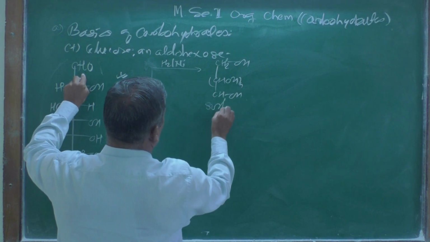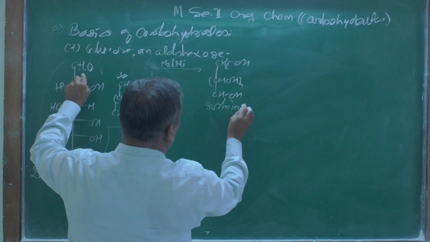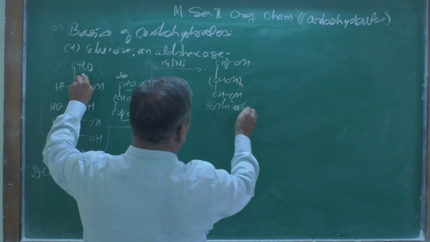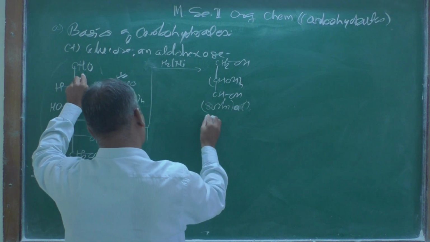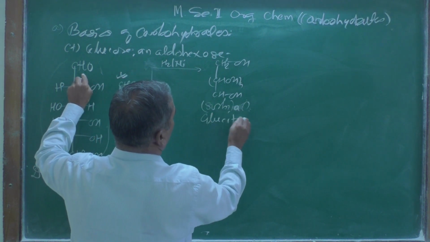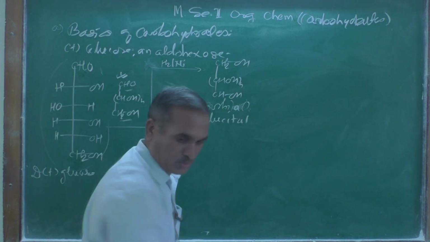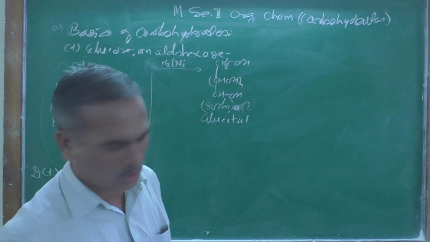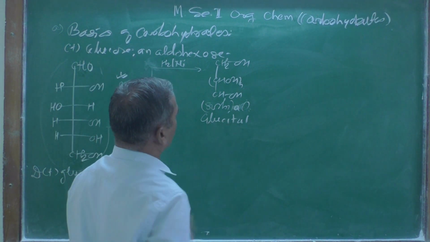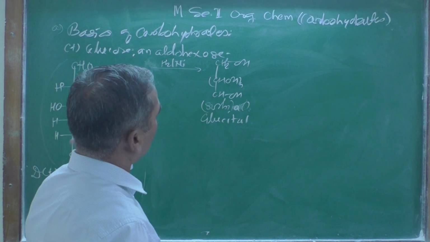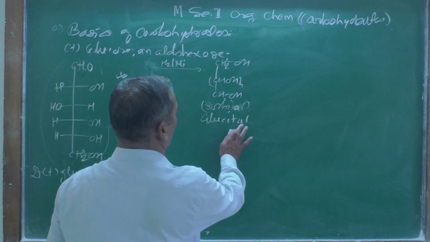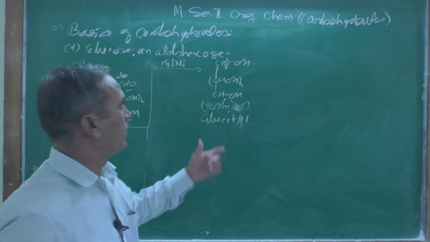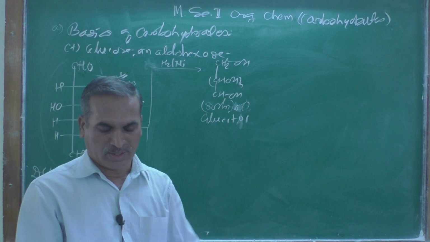This is called sorbitol, which is known as glucitol. The names are sorbitol and glucitol; OL indicates a hydroxy group, that is the name.